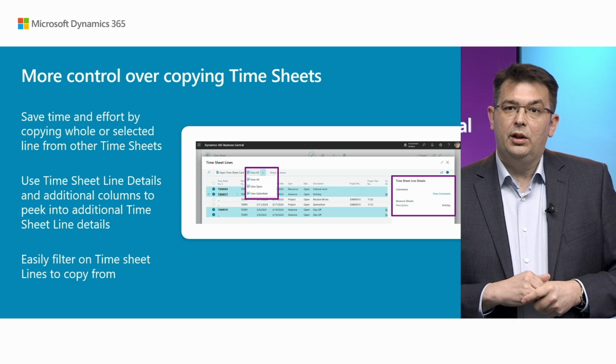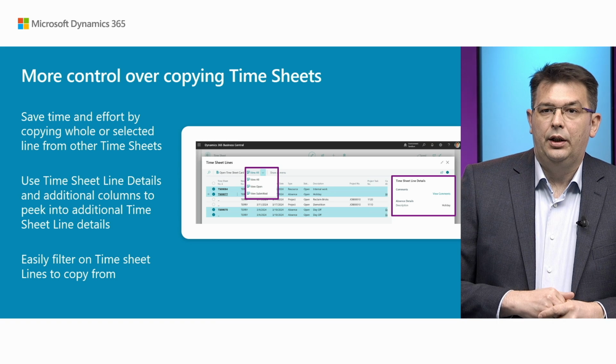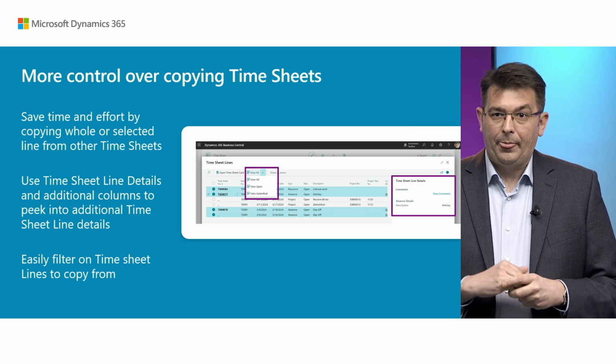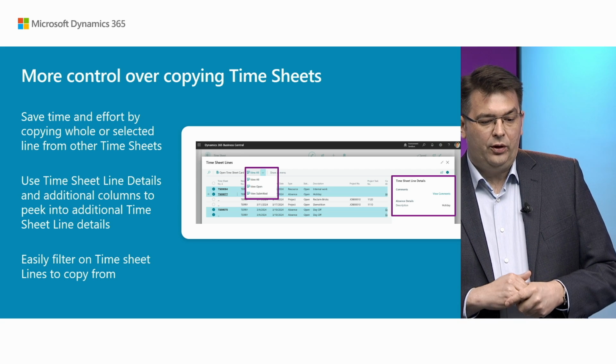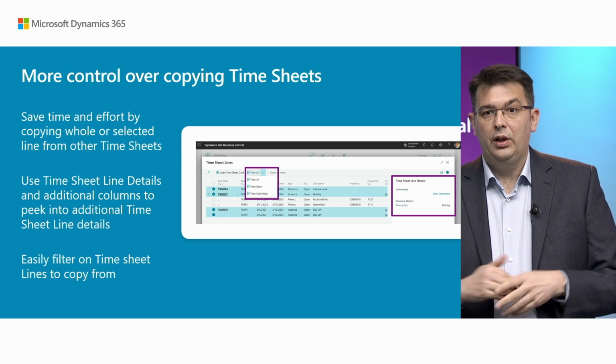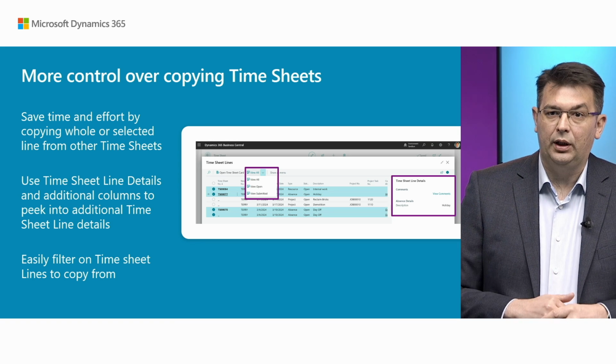There's one tip in here. For example, if you pick the first line in the timesheet lines page, Business Central will ask you whether you want to copy the full timesheet or you just want to copy the selected one. The default being only the selected one. And now let's switch to the demo.